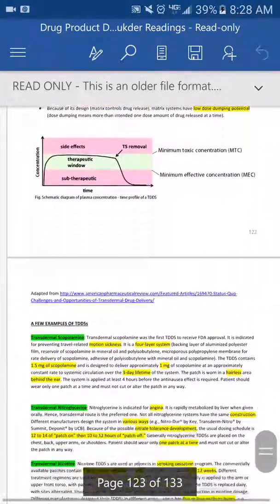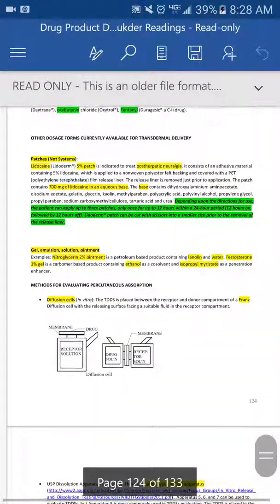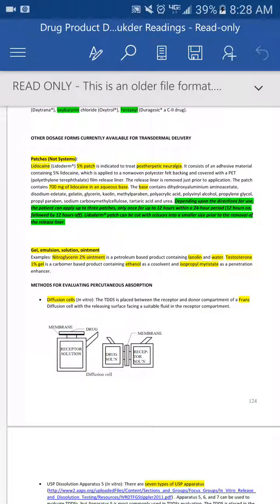So, patches, you can cut them. Depends though. You can only do 3 patches once every 12 hours within a 24-hour period. 12 on, 12 off.